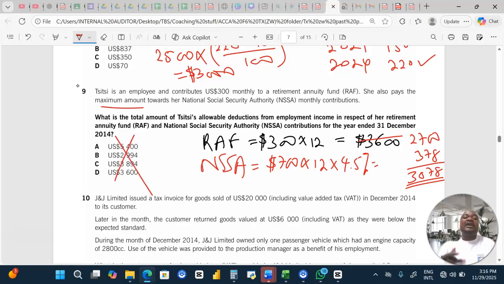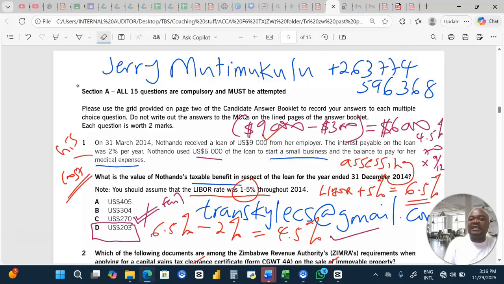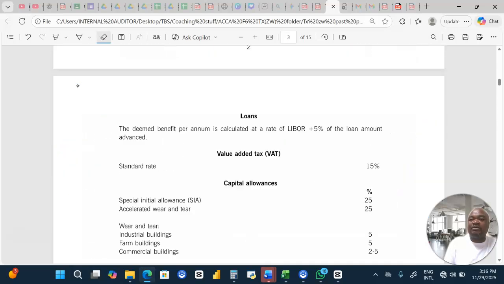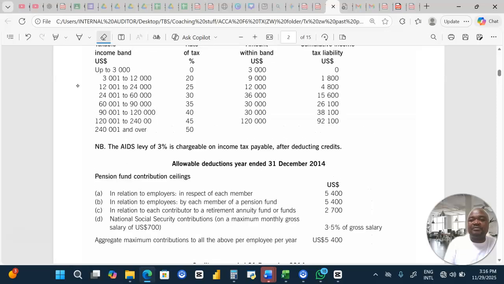Why? Because remember, when they did their computation, they were not using the 4.5%. Okay, here they used, let me show you what they used. They used 3.5%. All the figures, I think they're just the same. Even this 2.7 was just the same by then. Let me show you how they differ. They used a 3.5%. Let me take you to their page.